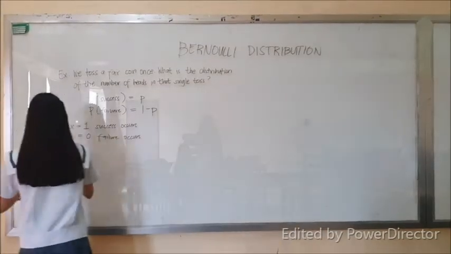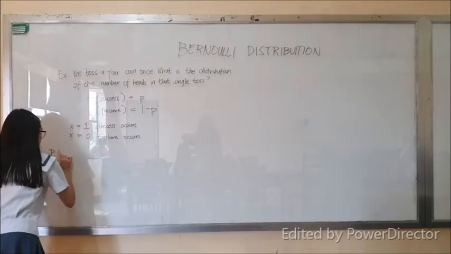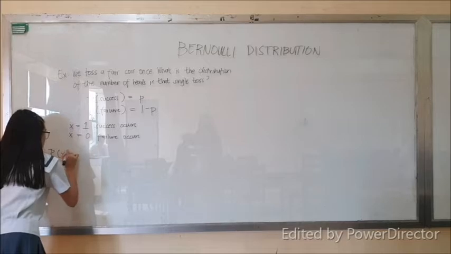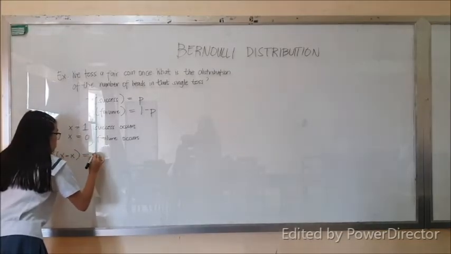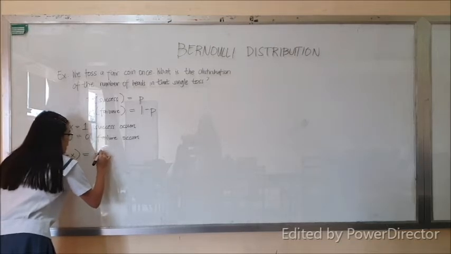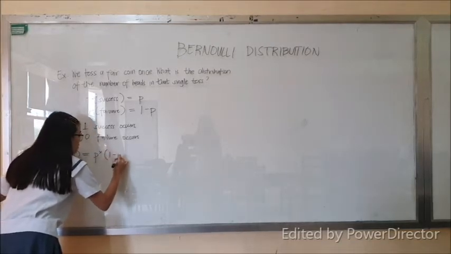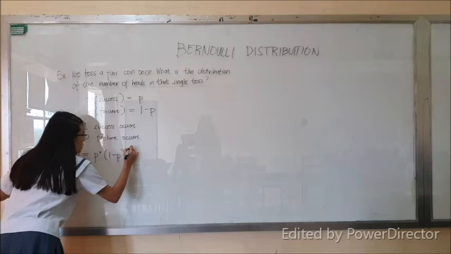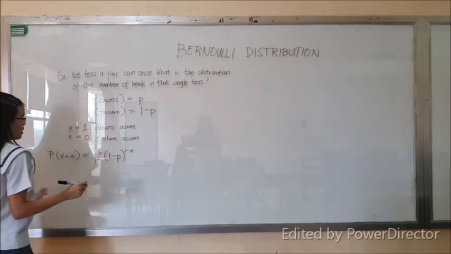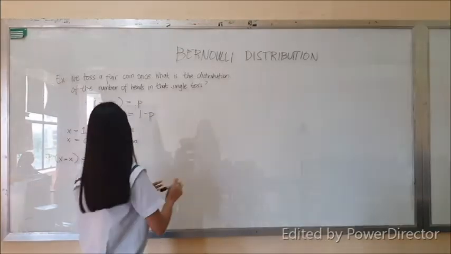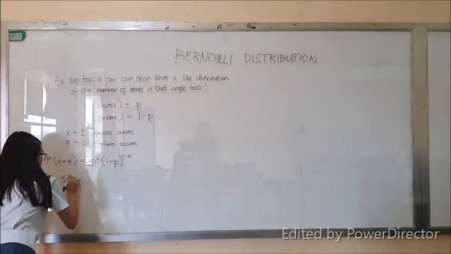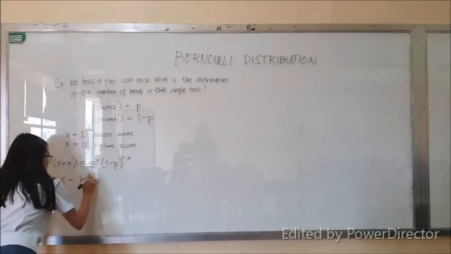The probability of the random variable x is equal to p to the x times (1 minus p) to the 1 minus x, where x can take the values 1 or 0.